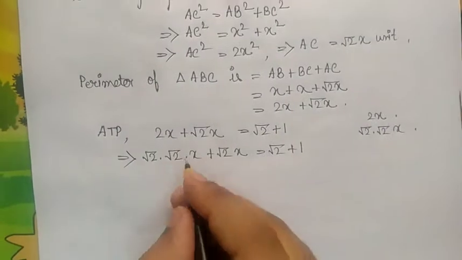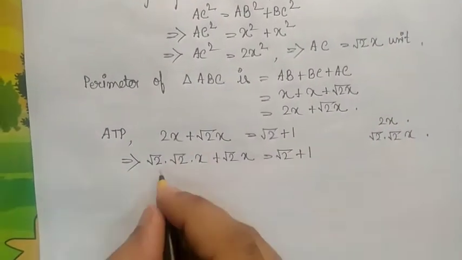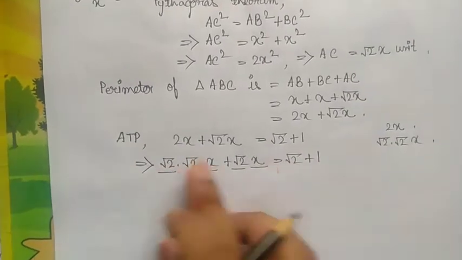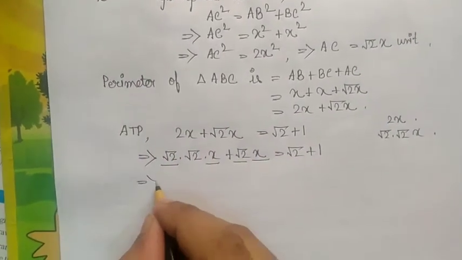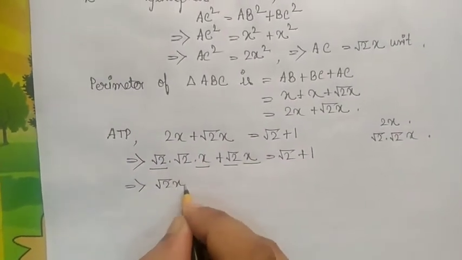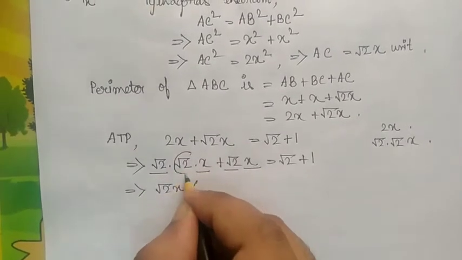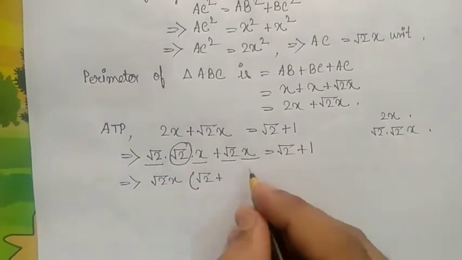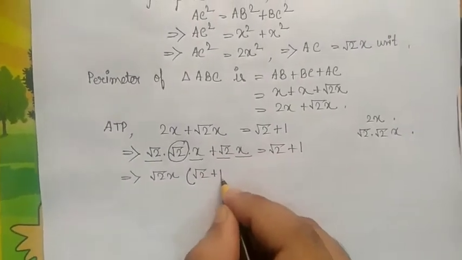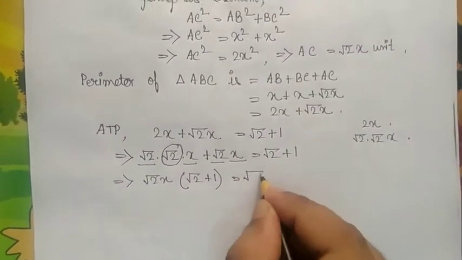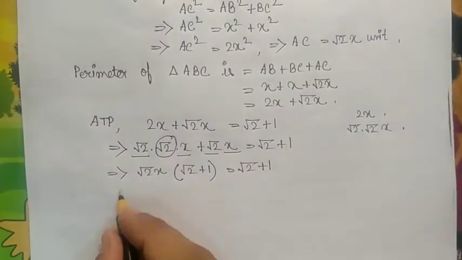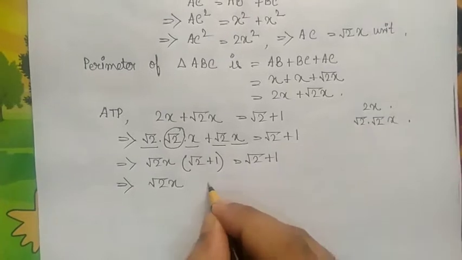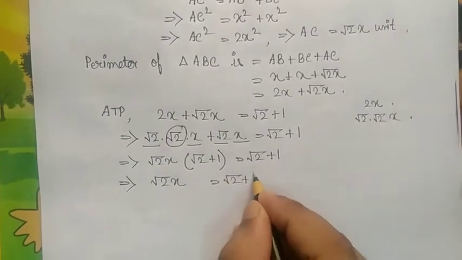Now you can see in these two terms, root 2X is common in both the terms. Therefore we take common root 2X, and the remaining portion is root 2 in one term and 1 in the other. So root 2 plus 1 times root 2X equal to root 2 plus 1.